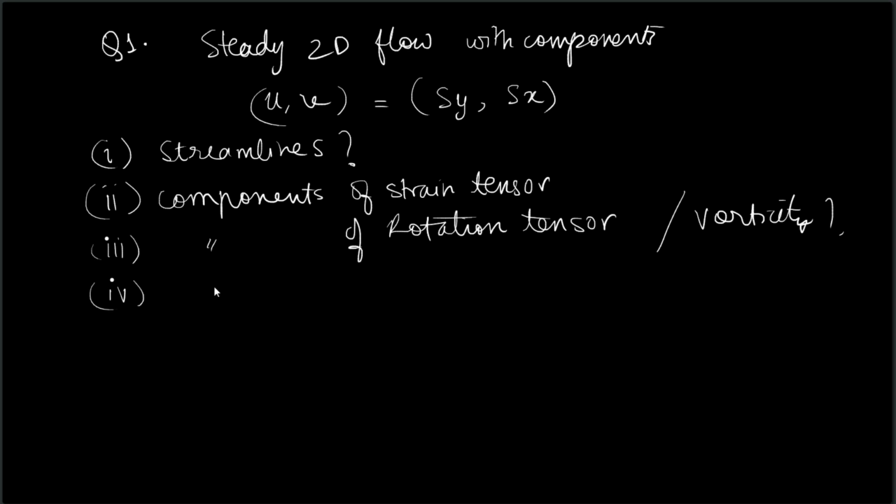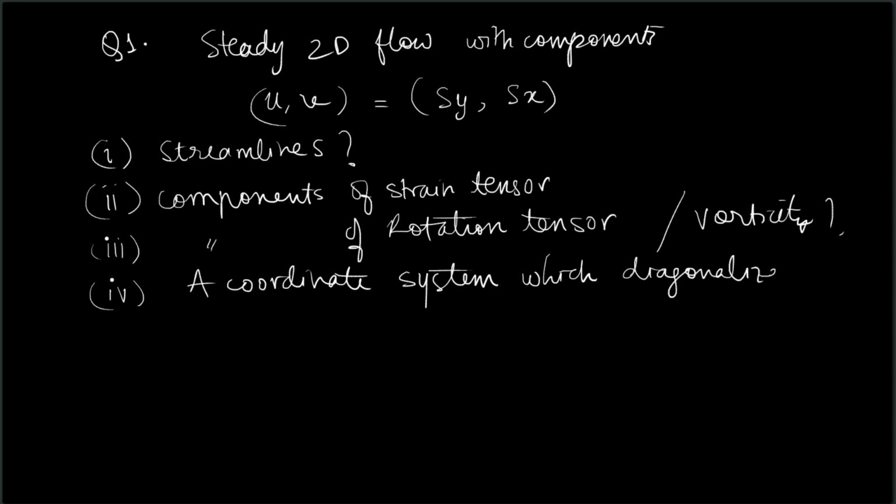And lastly, we want to find a coordinate system which diagonalizes the rate of strain tensor. And we also want to find out the principal strain rate.